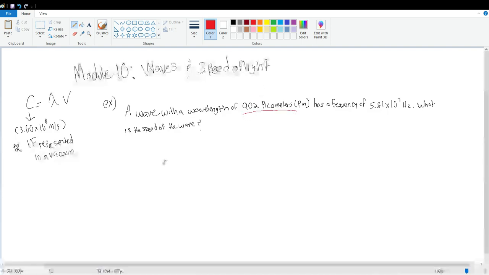So wavelength, it's going to be lambda, right? This slide looking thing. So we know that it's 902 picometers. Then it has a frequency of 5.81 times 10 to the 7 hertz. Hertz is nu. Nu is frequency.